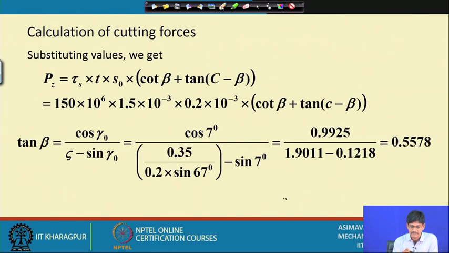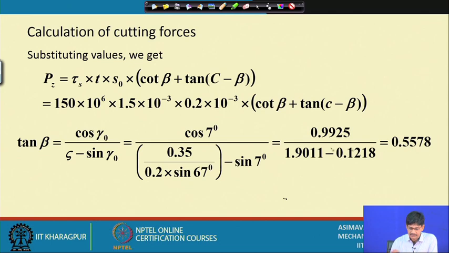Next, t is 1.5 millimeters, that is 1.5 into 10 to the power minus 3 meters, and s is 0.2 into 10 to the power minus 3 meters. Tan beta has been found out by the method that we had talked about.